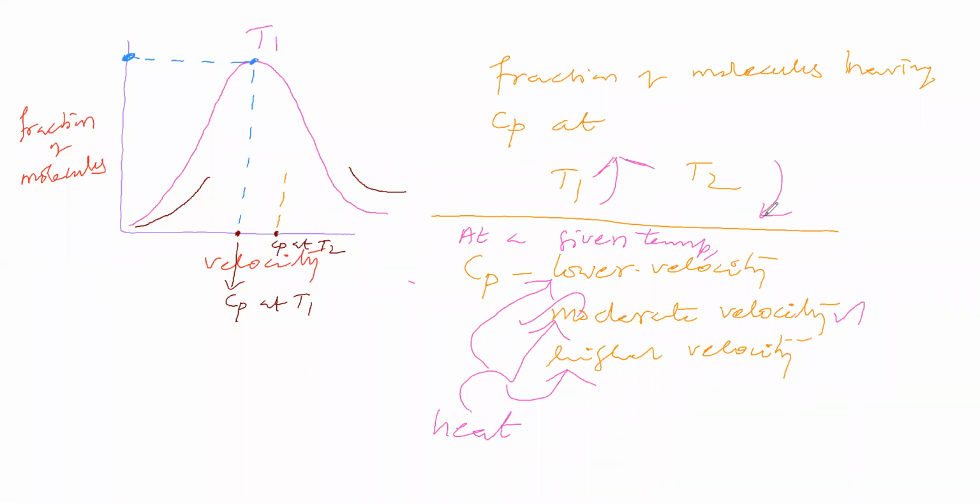Okay, now as per this point of view, how will this curve be? You are saying that at T2 Cp is to the right, and at T1 Cp is to the left. And for this the fraction of molecules will be high, and for this the fraction of molecules will be low.